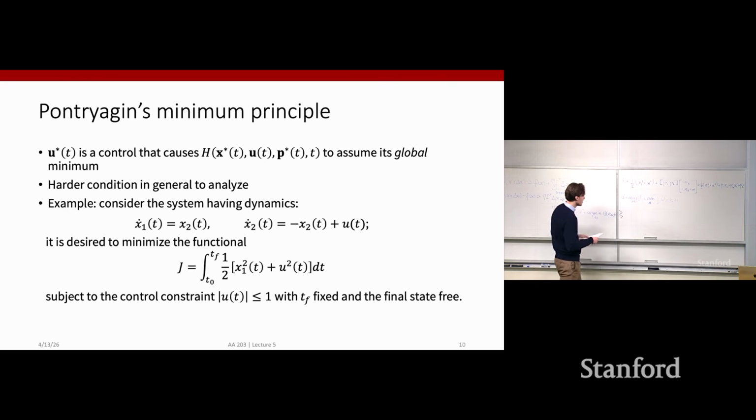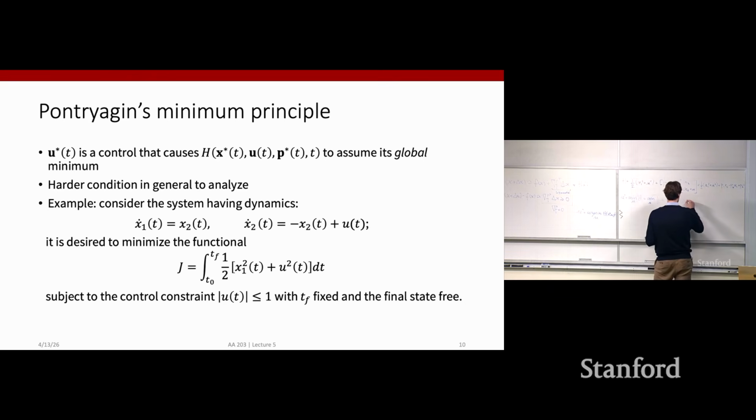Okay. All right. So notice that this is a quadratic function. So in order to minimize it, we can just set the gradient of this equal to 0. Right.